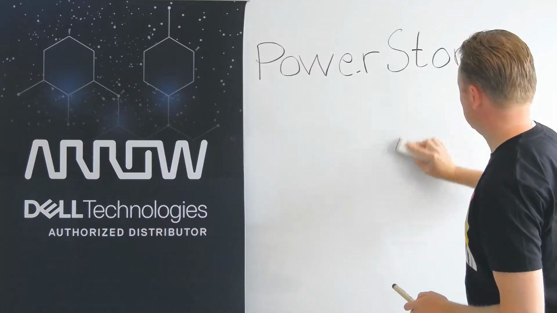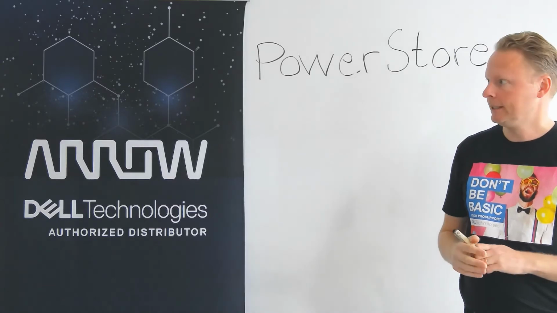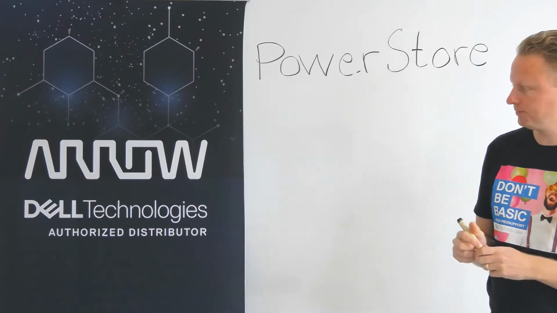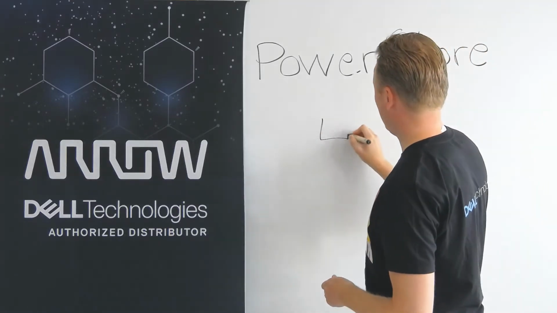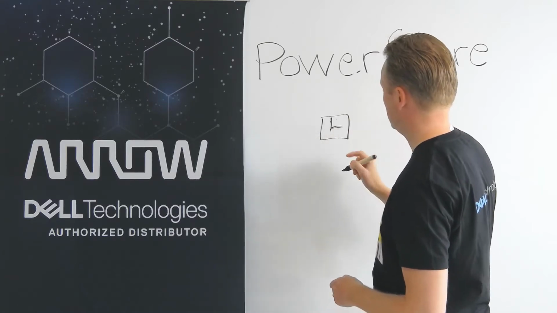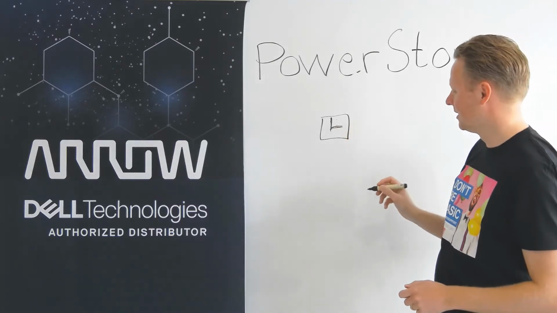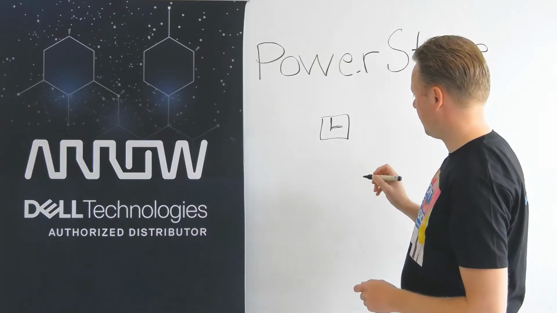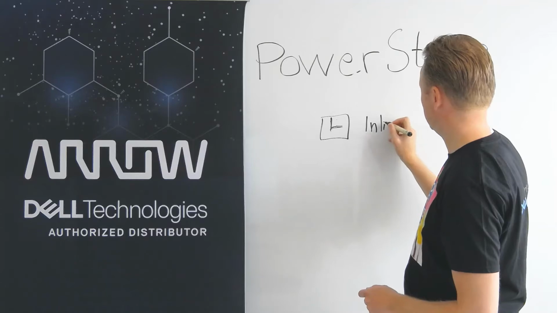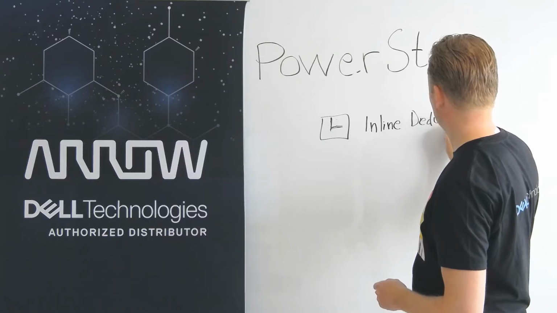Since the PowerStore appliance is software and hardware together, you're able to do things that you're not able to do solely with software. Within the PowerStore appliance, there's a chip called the Lewisburg chip, and I keep forgetting that name, but it doesn't make it less important, because this chip provides the PowerStore with inline dedup and compression.